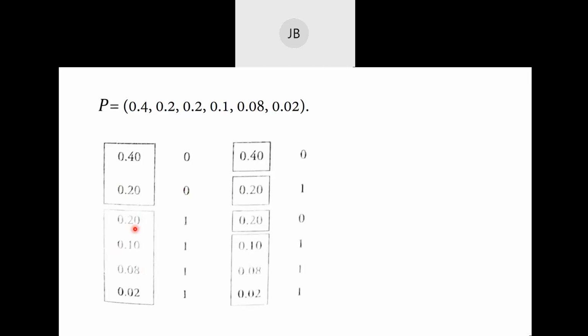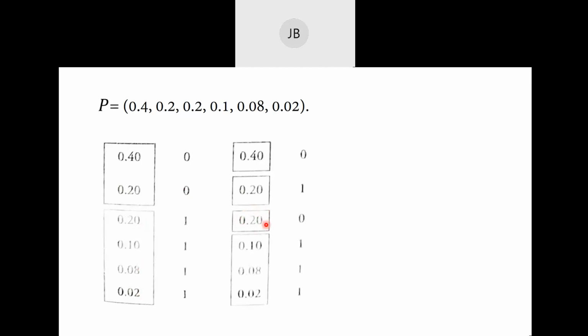We can try to divide it further such that the probability should be almost equal in these groups when we divide them. So one possibility is dividing here. So this group will have 0.2 and the second group consisting of these three elements will also have the same probability of 0.2, because 0.1 plus 0.08 plus 0.02 also becomes 0.2. So that is what is shown here in the second step.